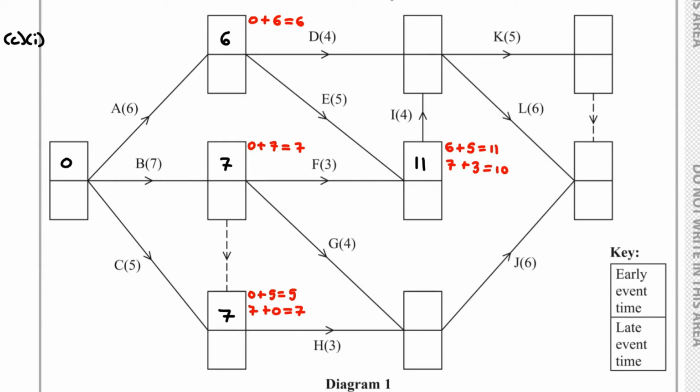Now, for this one, we have the 6 plus the 4, which is 10. Or we have 11 plus 4, which is 15. We choose the 15 to go in here.